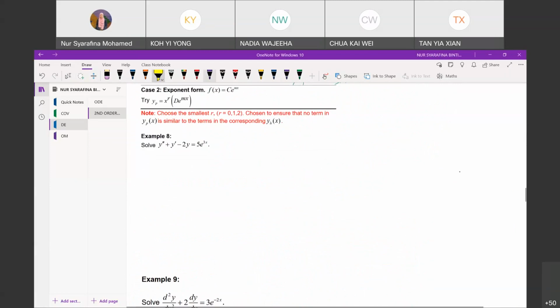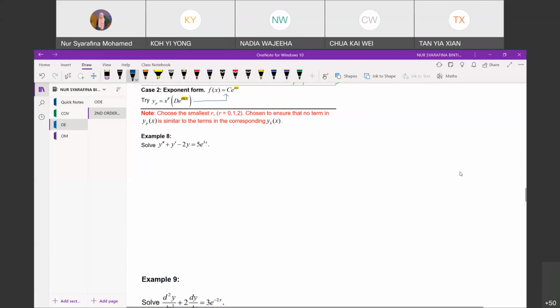As you can see, when your function is Ce^(mx), your yp also has e^(mx), so the degree of the exponent must follow the function given. After that, just choose the smallest r to test whether there is a similar term in YH and YP. So let's start with this example.